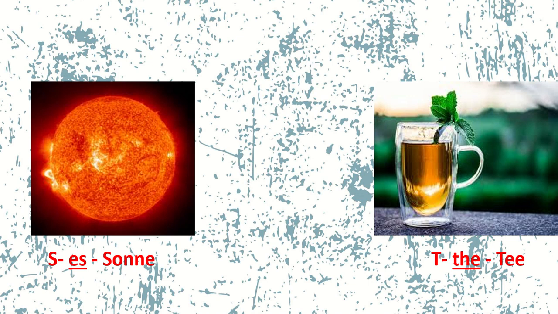And the English translation is tea. Next letter is U. And the German word is Uhr. And the English translation is clock.